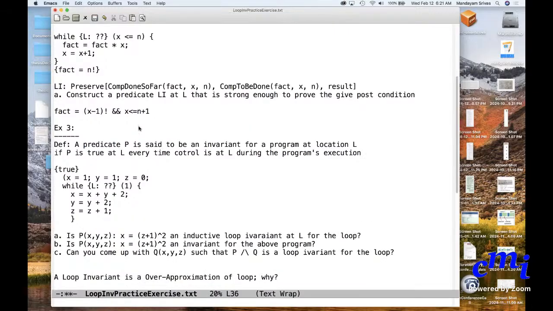Okay, so who had a chance to look at example 3? Deepro? Deepro, are you there?